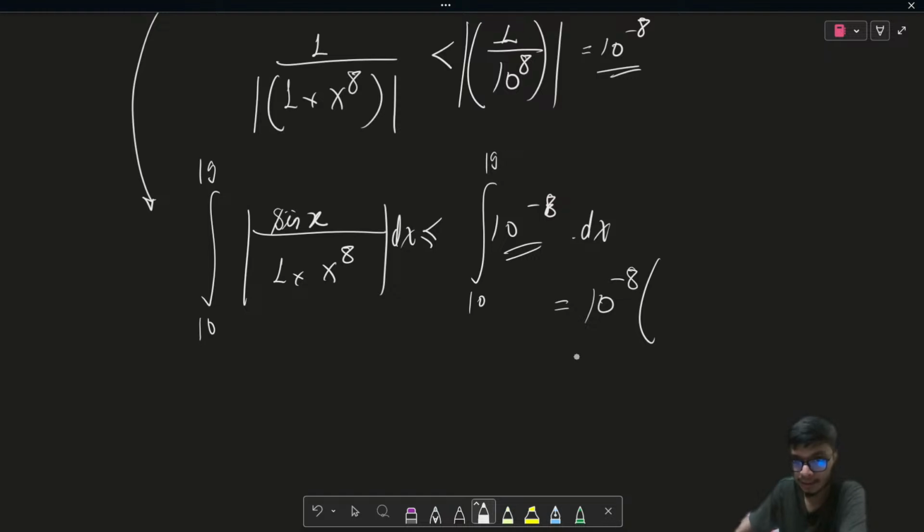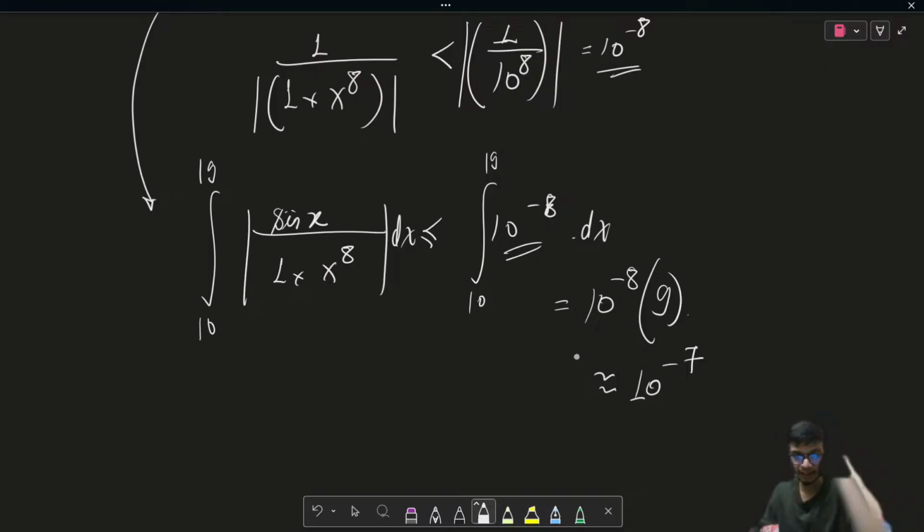Therefore, the integral from 10 to 19 of this result is less than or equal to the integral of 10 to the power minus 8 dx over the interval 10 to 19. This is easy to carry out. The result is 10 to the power minus 8 multiplied by 9, the length of the interval. So we will have 9 times 10 to the power minus 8, which I can approximately write as 10 to the power minus 7.